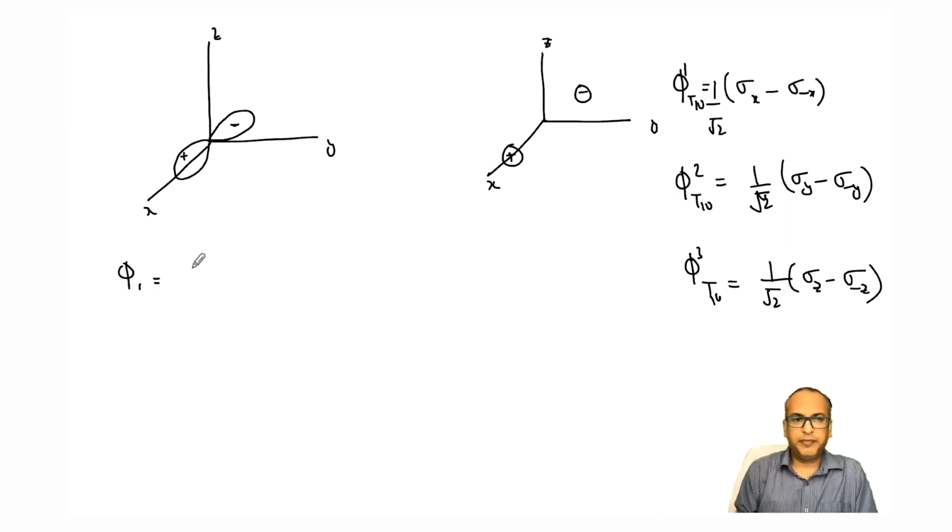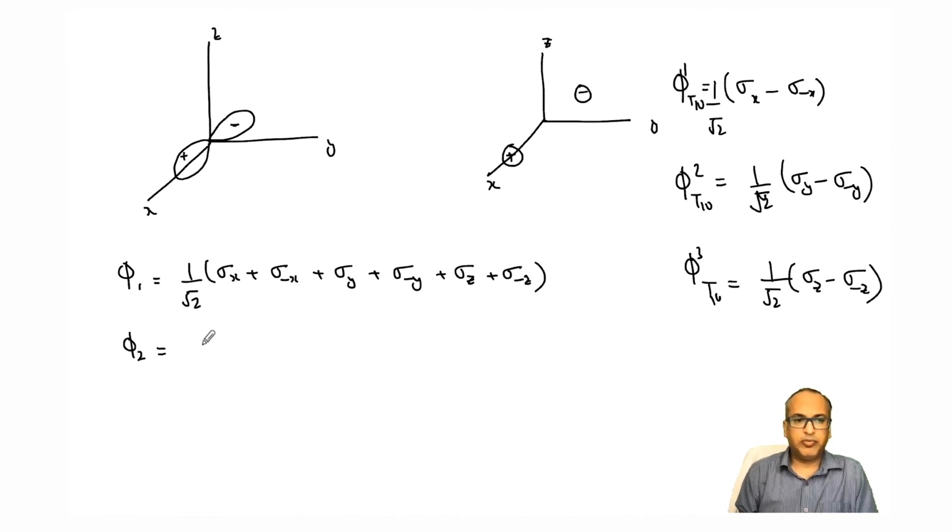So phi 1: we have sigma x plus sigma minus x plus sigma y plus sigma minus y plus sigma z plus sigma minus z, and this is 1 over root 6.